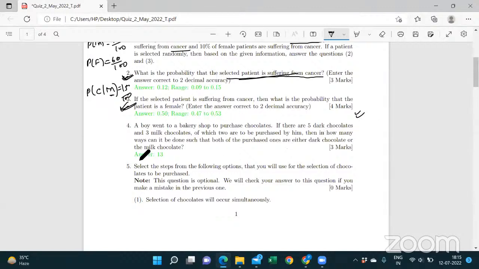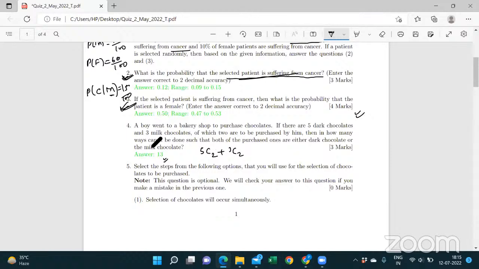In question 4, how did you approach it? Did you get the answer 13 or anything else? 13, sir. How did you approach? 5C2 plus 3C2.